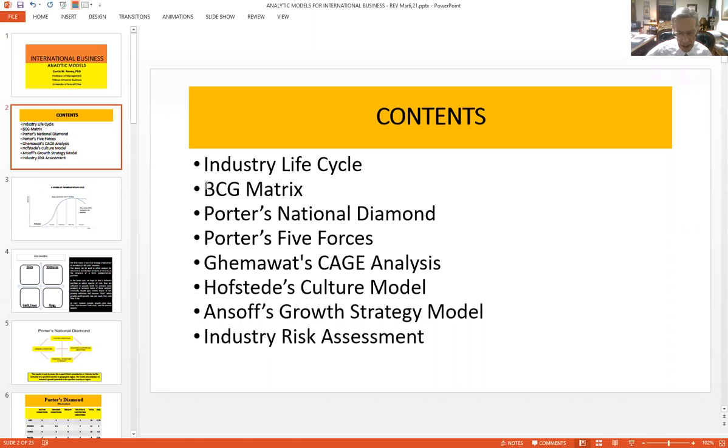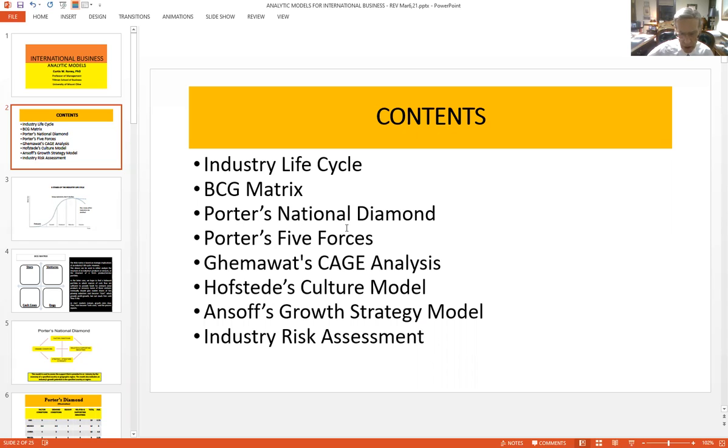Based on that life cycle, we make some decisions about the direction that we would like to take with regard to putting together a portfolio of businesses that take advantage of various stages of the life cycle.